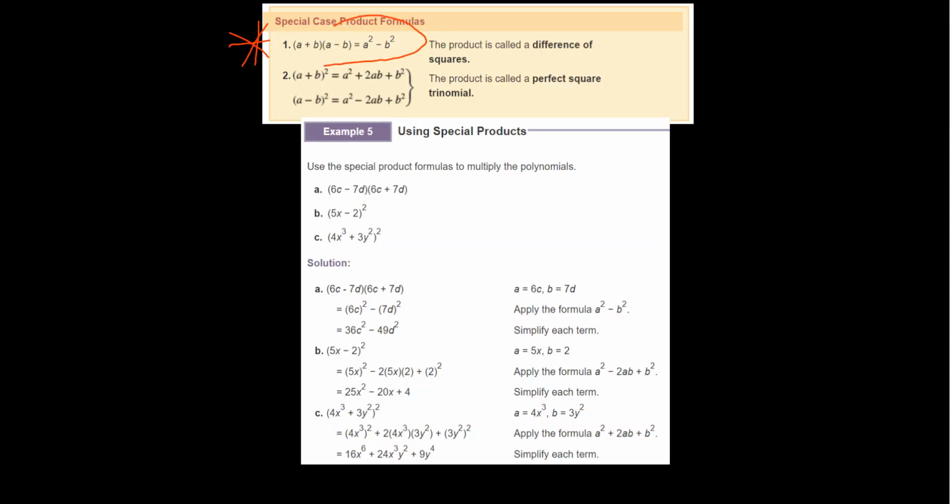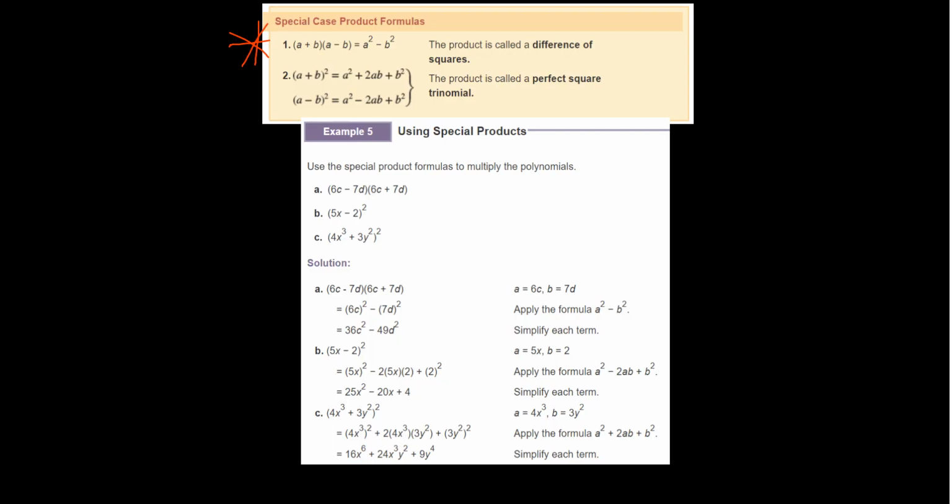So the difference of squares, special case number one, needs to be memorized, and it needs to be noticed when you see it. I got a little carried away and didn't notice it right off the bat, but now I notice it as I wrote it out. It has to be noticed because it makes computation so much easier.